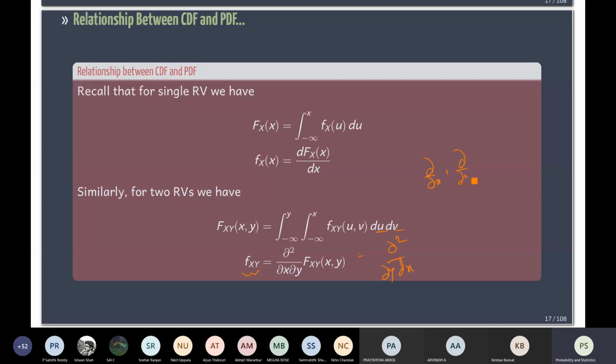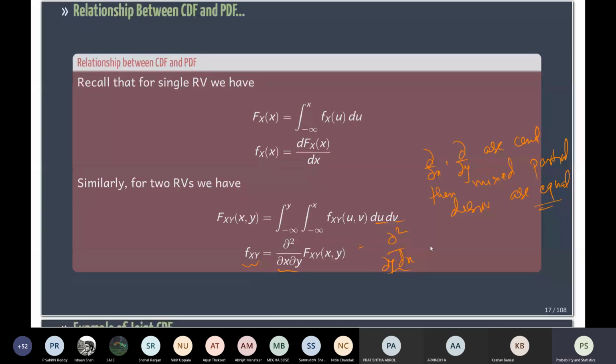If the partial derivatives are continuous, then the mixed partial derivatives are equal, right? That's the result we know from multivariable calculus. In that case, you can change this order. All right, so this is the definition we have.